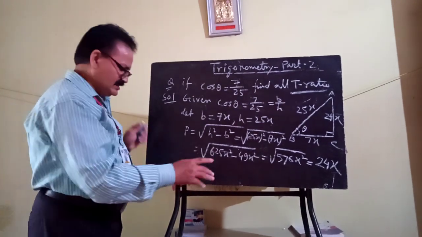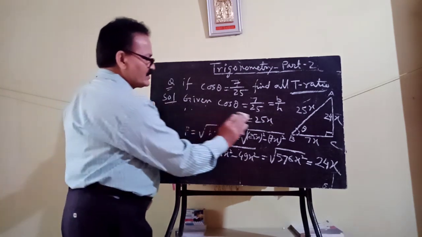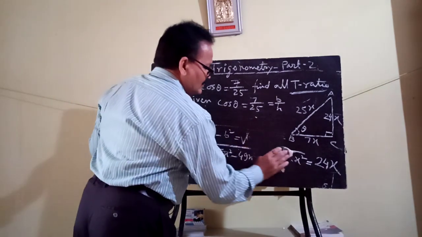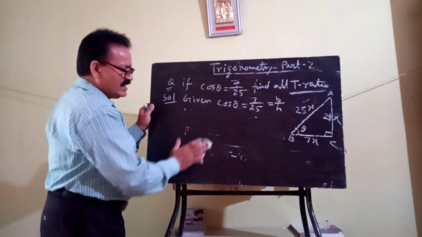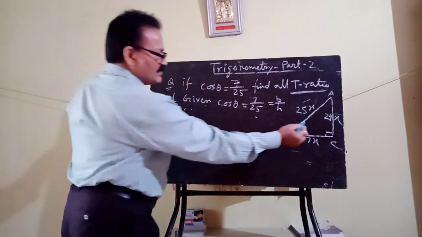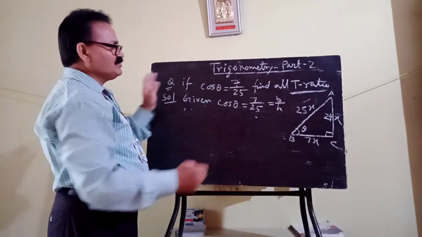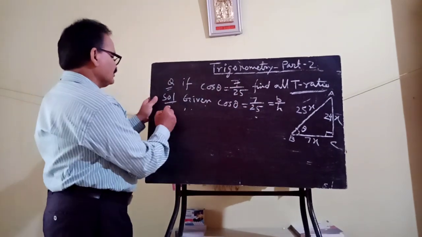I have marked in the diagram that the perpendicular is 24x and the base is this much. You have to find all trigonometric ratios.